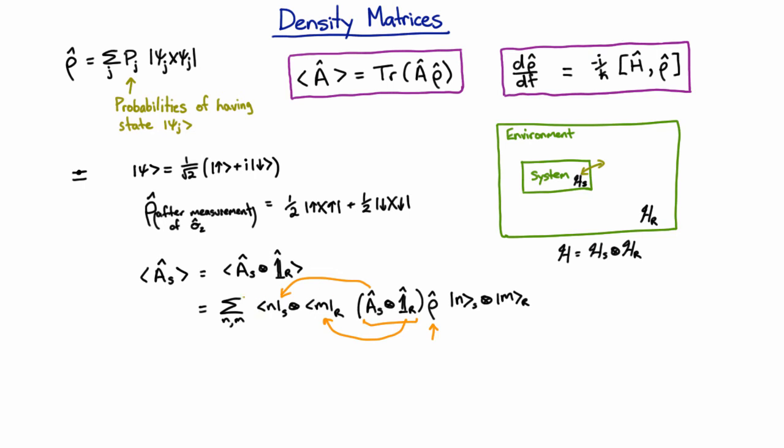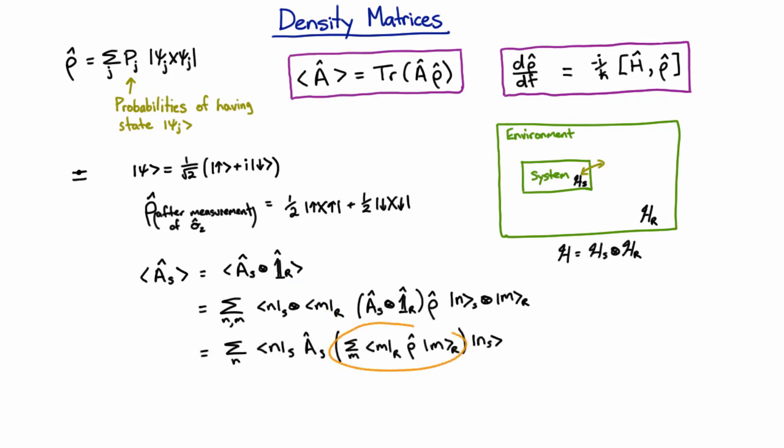And because the tensor product is completely linear, we can split up this double sum into two single sums. Now we've lost the tensor product symbol because this element here is in fact a system operator. The density matrix is a combined system reservoir operator, but when we take the inner product with all the reservoir states, all we're left with is an operator on the system.